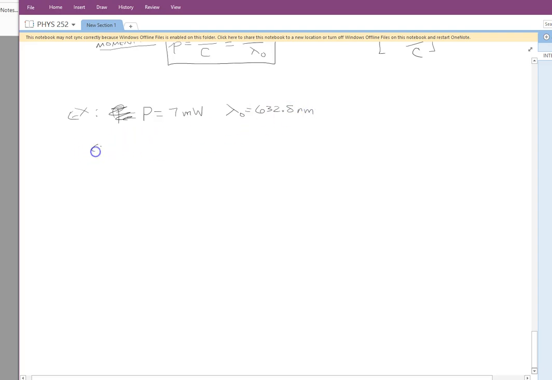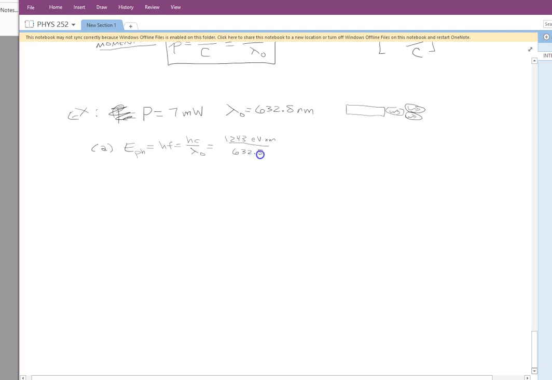The first thing we're going to do is find the energy of a photon. In this picture, here's my laser, and it's spitting out this stream of photons in this beam. The energy of one of those photons is going to be hc over lambda naught, but I'm going to go straight to my 1243 eV nanometer combination, and put in the free space wavelength in nanometers.